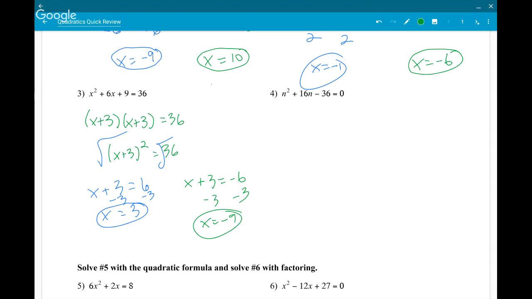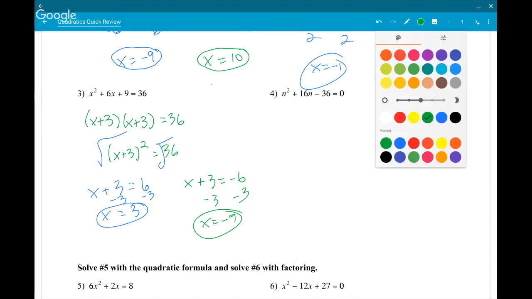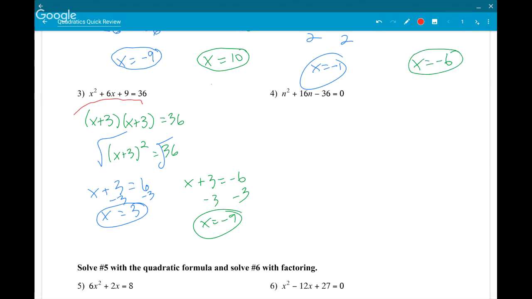One issue you might notice is that if you look back at the previous problem, the reason that one worked out so well is because it factored into x plus 3 and x plus 3. It factored into two of the same thing, so I was able to write it in the next step with a little squared. I can't do that in this one because this equation will not factor into two of the same number.